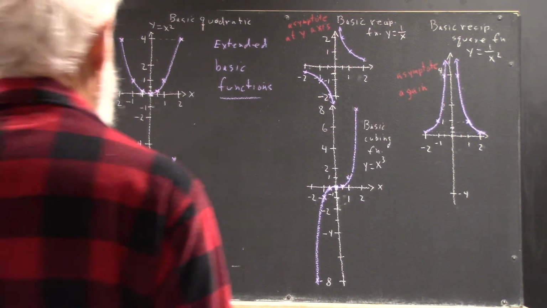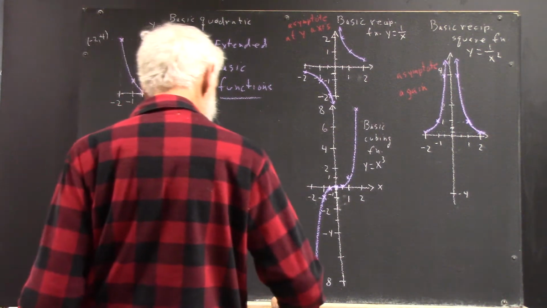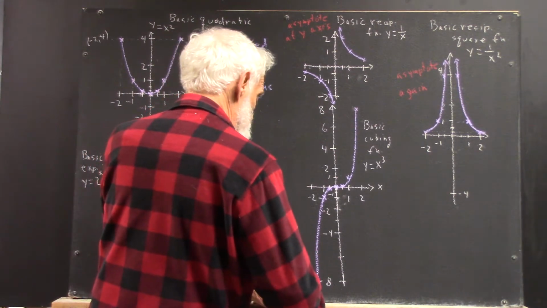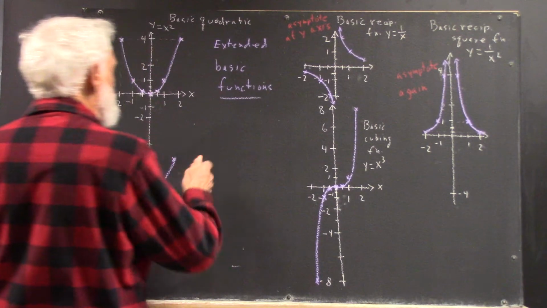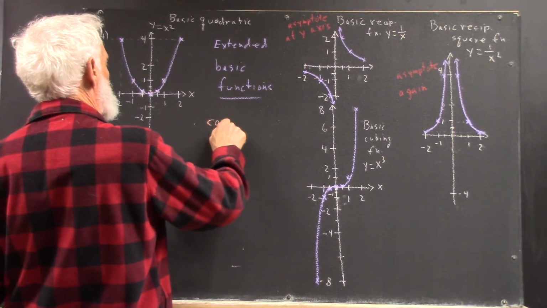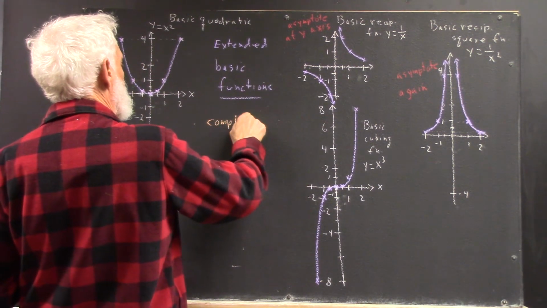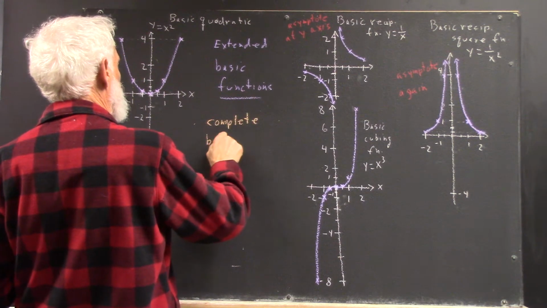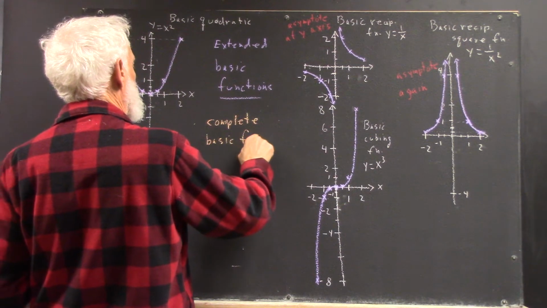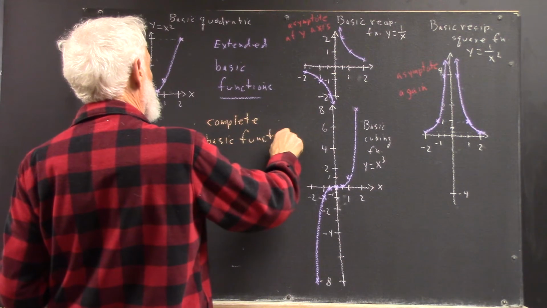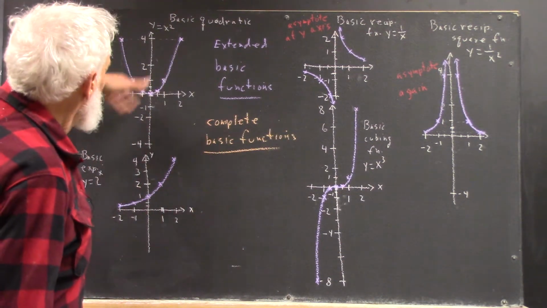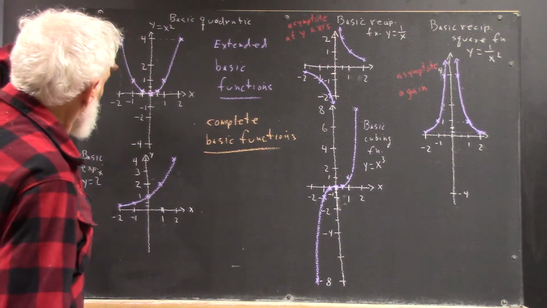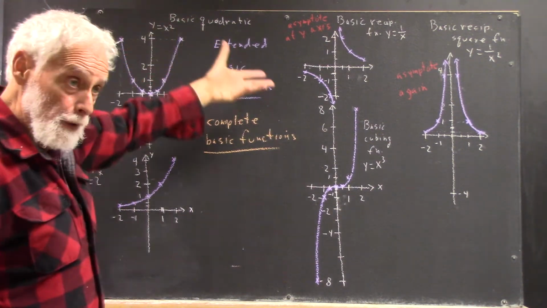Now a few words about the complete basic functions. For the quadratic, we're getting the y values by squaring the x values.